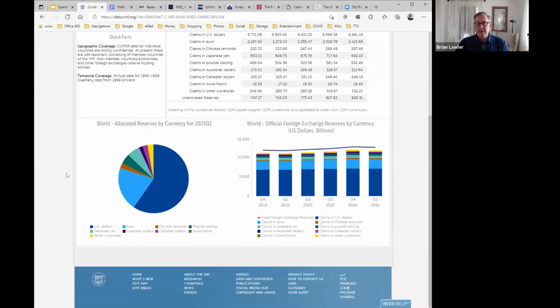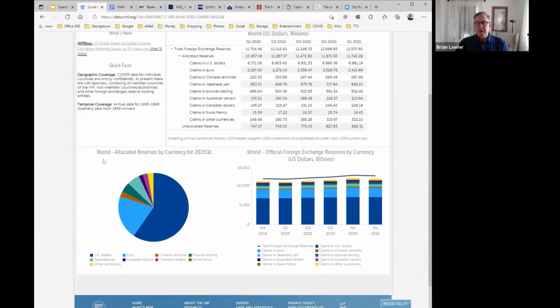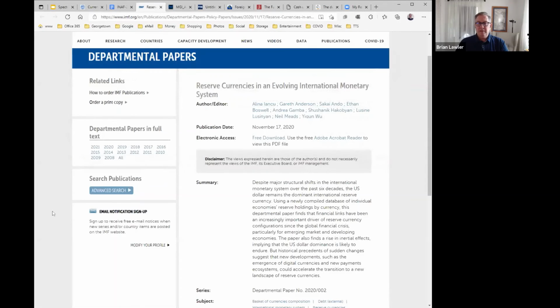You can find all the data on this broken down by different currencies by quarter and some nice interactive charts here on the IMF website. There are also some readings about this phenomenon listed in the bibliography. One of them is this paper by the IMF that talks about the changing nature of global reserve currencies in the international monetary system of the past few years.